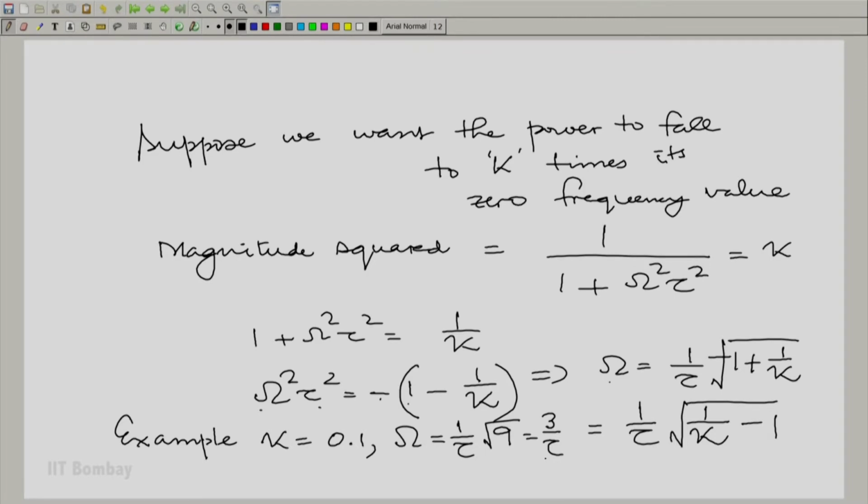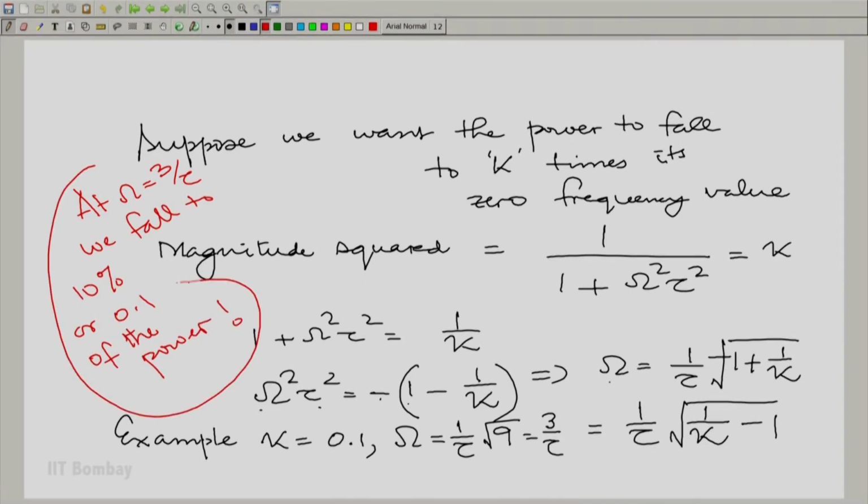So, 3 by tau. This 0.1 is an interesting number, and 3 by tau has a significance. At omega equal to 3 by tau, we fall to 10% or 0.1 of the power.